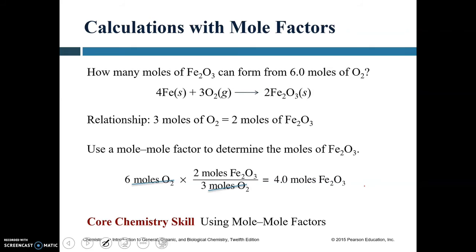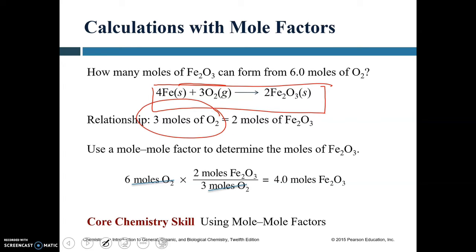Let's see how we can use this knowledge in calculations. The question is how many moles of iron 3 oxide can form from 6 moles of oxygen. This is the reaction for oxidation of iron, and the mole-mole relationship here is that 3 moles of oxygen correspond to 2 moles of iron 3 oxide.